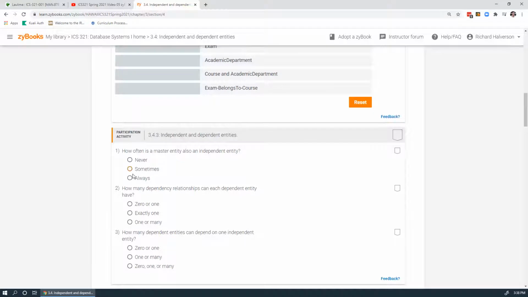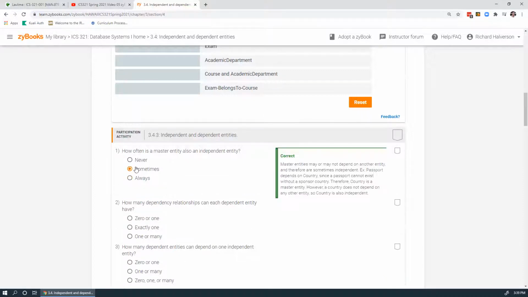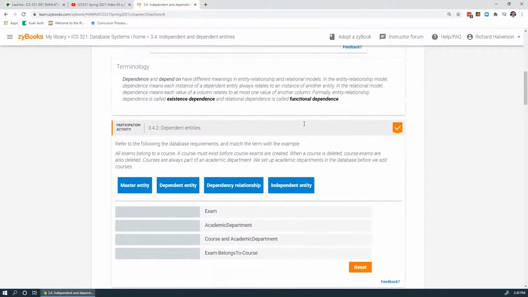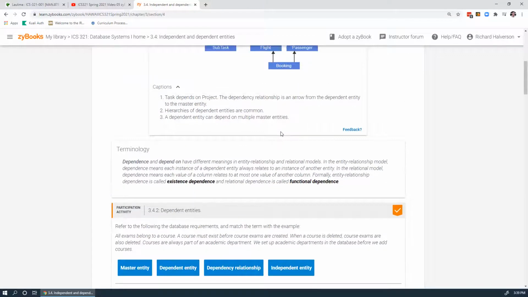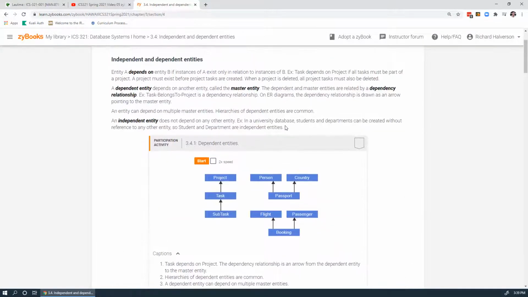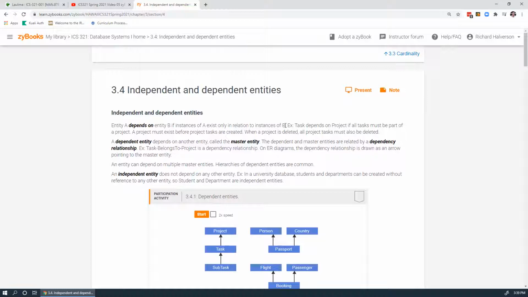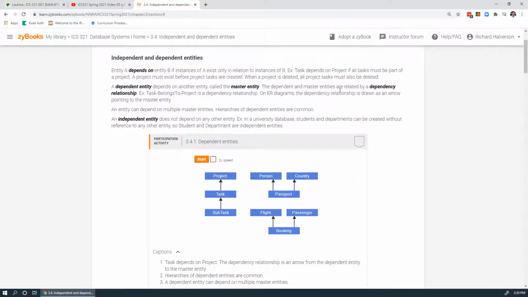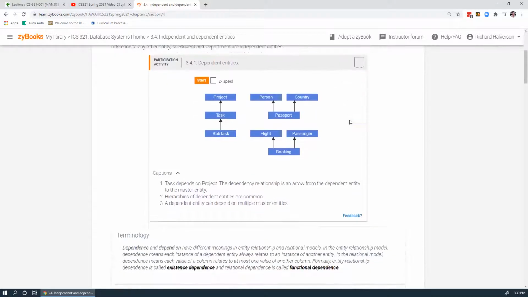I think is this always master? Oh, a master entity can depend on another entity. Okay, so this is the first time we talk about dependent relationship. A master entity and independent.